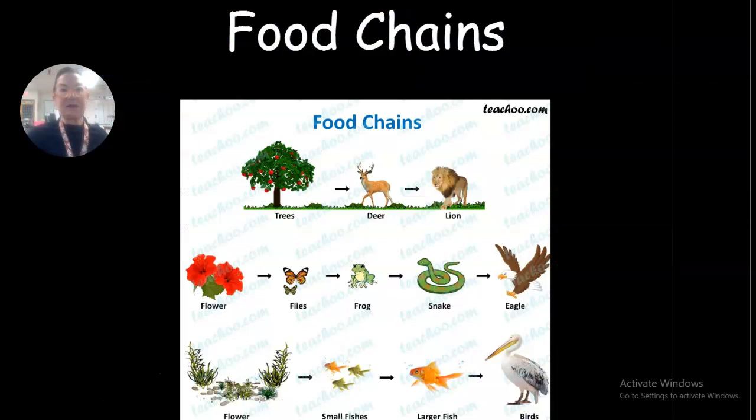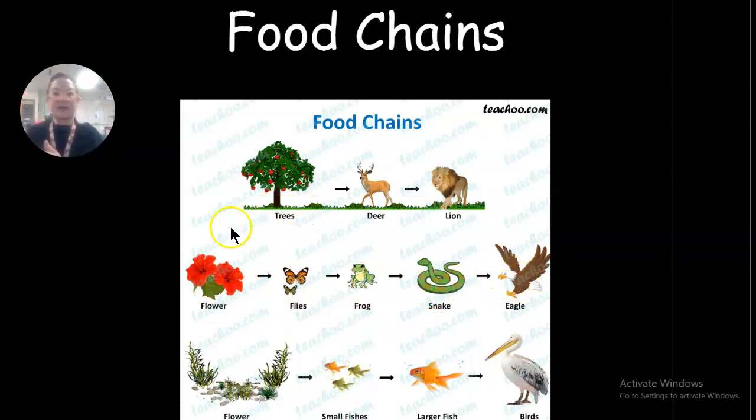All right, so now we're going to be looking at food chains and what exactly a food chain is. So you can see in these examples, the first one is a tree, a deer, and a lion. The next one is a flower, butterflies, a frog, a snake, and an eagle.